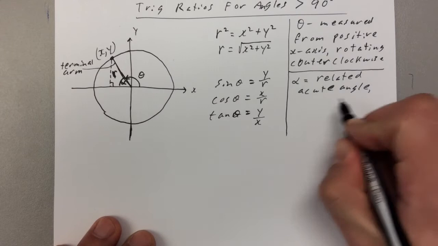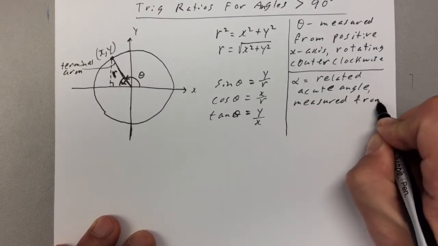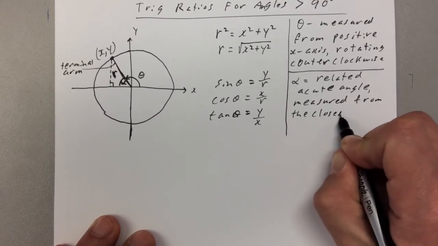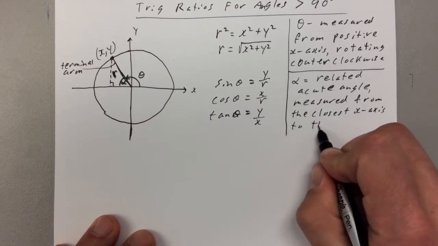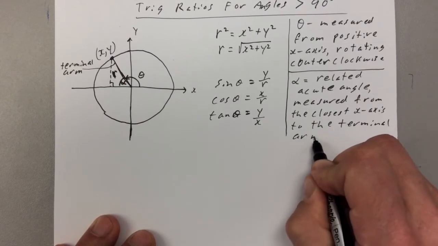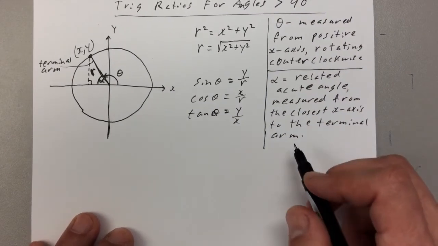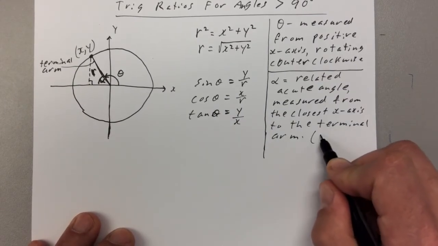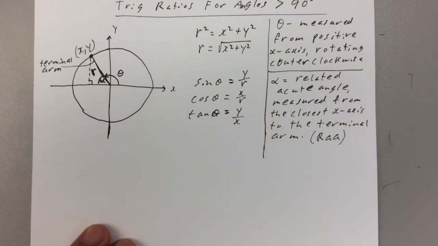So measured from the closest x-axis to the terminal arm. Okay. I'm going to call it alpha. And in short, related acute angle, RAA, we can use to name that.